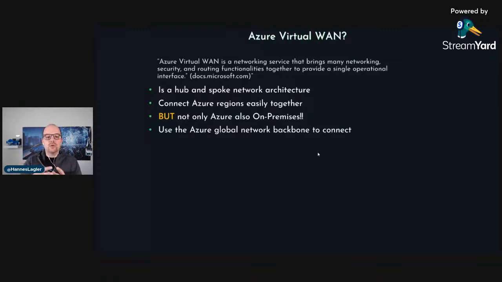So you provision a Virtual Wan hub, and you define where the Virtual Wan hubs should be placed and also the connections together. It's really simple to connect Azure regions together.